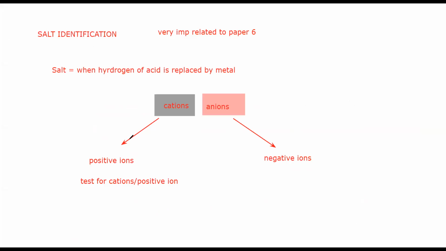So test for the positive ion, there are two ways you can test. Number one, you can add sodium hydroxide, or aqueous sodium hydroxide.